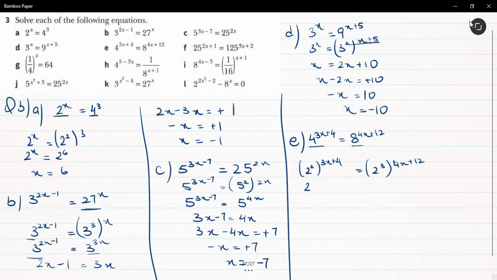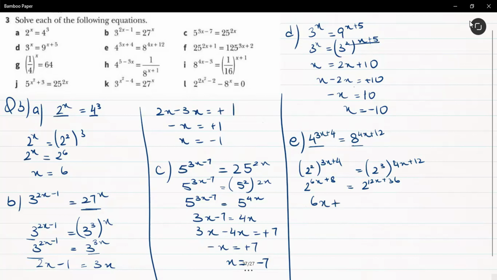So 2 times 3x is 6x, 2 times 4 is 8, is equal to 3 times 4x is 12x, 3 times 12 is 36. So again, the index values are now the same.